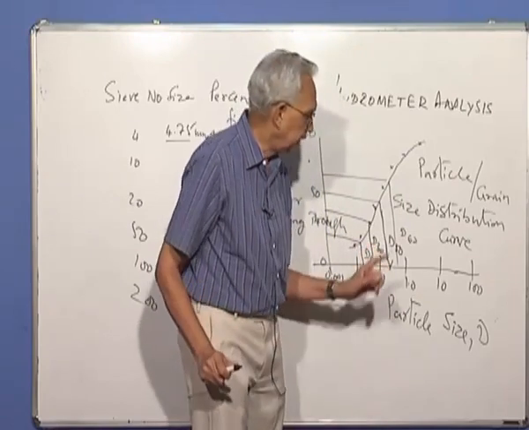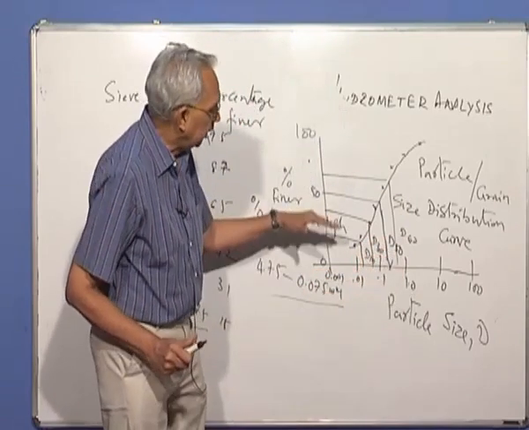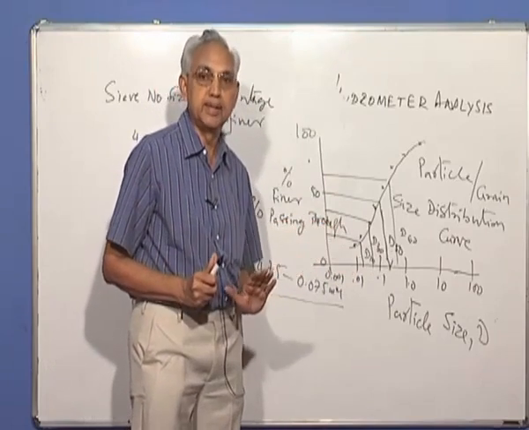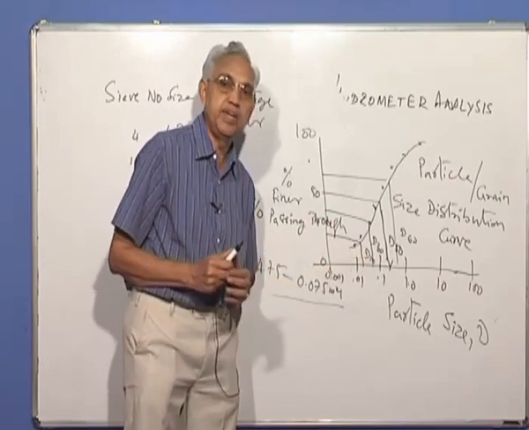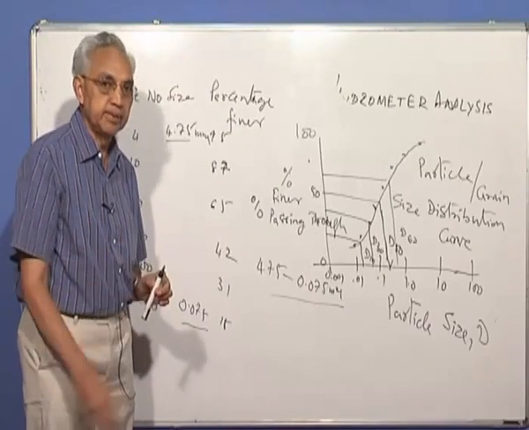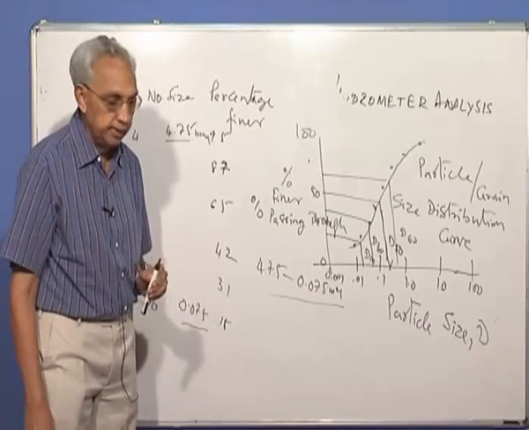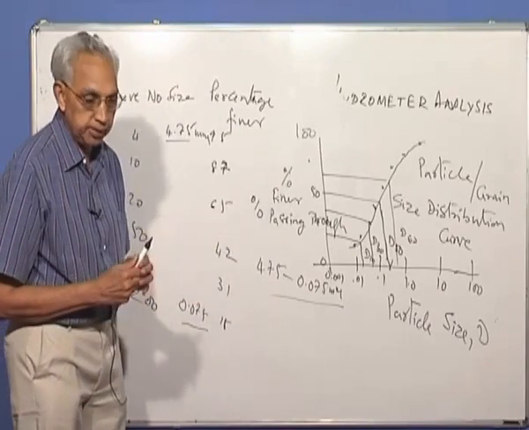When I say D10, D50, D30, etc., the particular size determines what is the percentage finer than that fraction or size. So, for example, if D50 is 0.15 millimeters, 50% of the soil is finer than 0.15 millimeters. So, these are some of the parameters you can get from the distribution curve.